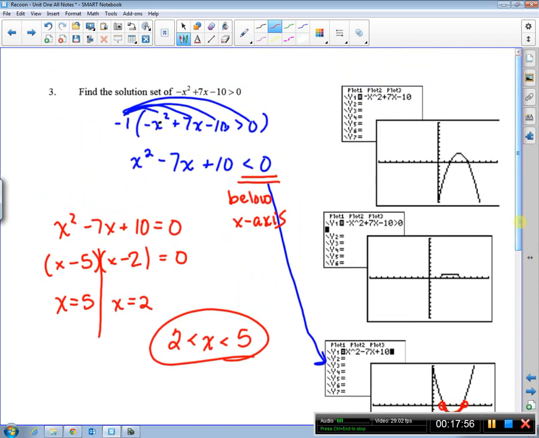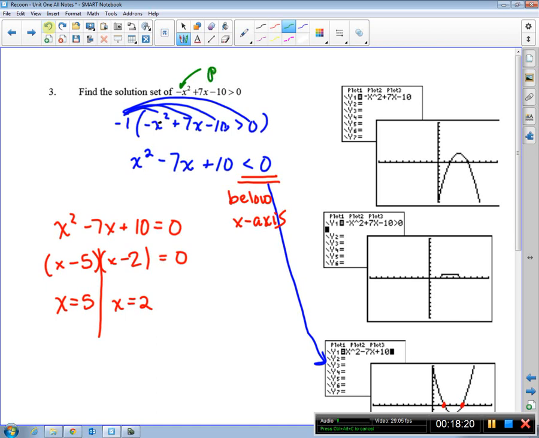What if you didn't multiply through by -1? If we just put the quadratic as is into the calculator, then remember when the a value in front of a quadratic is negative, it means that the parabola will be upside down.